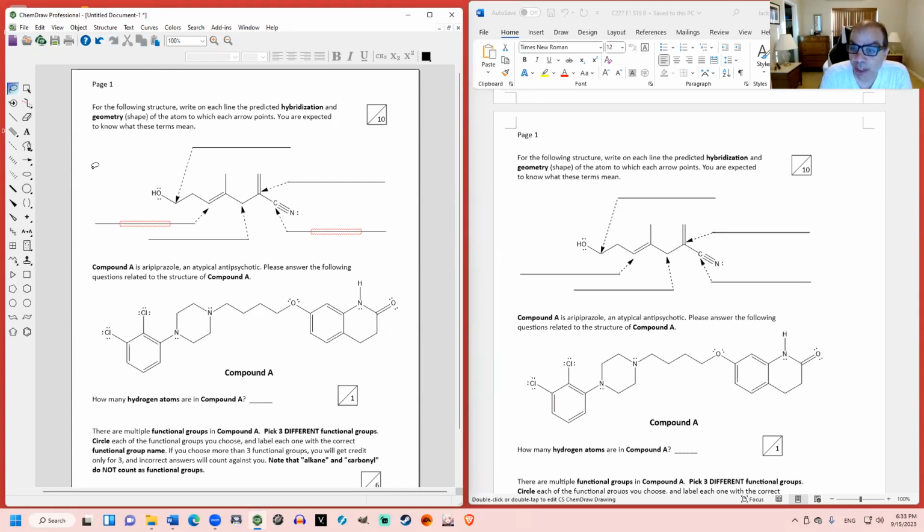And sp hybridization brings with it either a triple bond or a carbon that has two double bonds coming off it, like in CO2.